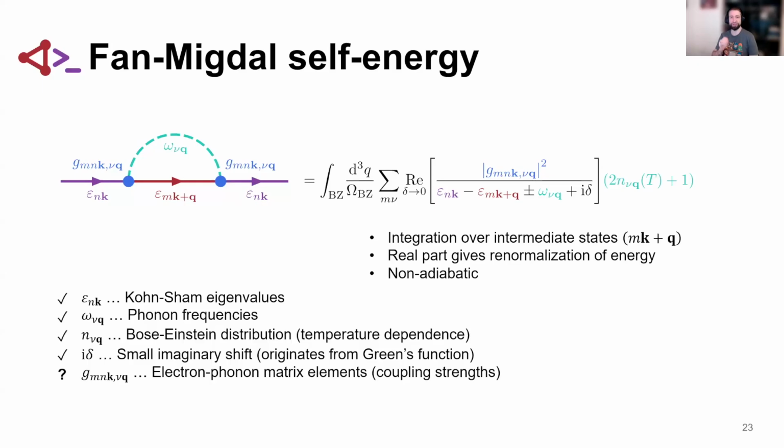It gives you a small finite smearing of this expression that you can use to get a more stable real or imaginary part. And finally, the imaginary part of this quantity will play a huge role in tomorrow's lecture because it will be related to the finite lifetime of your electrons once you activate electron-phonon physics. But it's not relevant for our purposes. We are only interested in the real part.